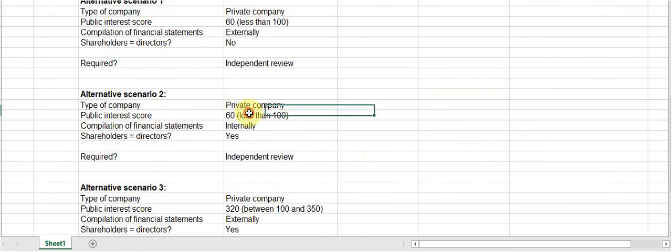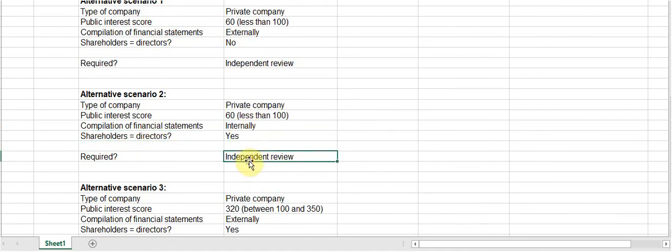Then in this one, in scenario 2, where the financials are internally compiled and the shareholders are also directors, we have a clear conflict of interest here, because now we are compiling the financial statements, and people who are involved with this might even be an executive director.